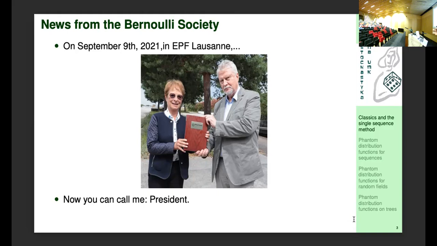Of course, the audience is not hundreds of people, but perhaps some information can be passed to other people, namely that it's my impression that French probabilists and statisticians are underrepresented in Bernoulli Society.